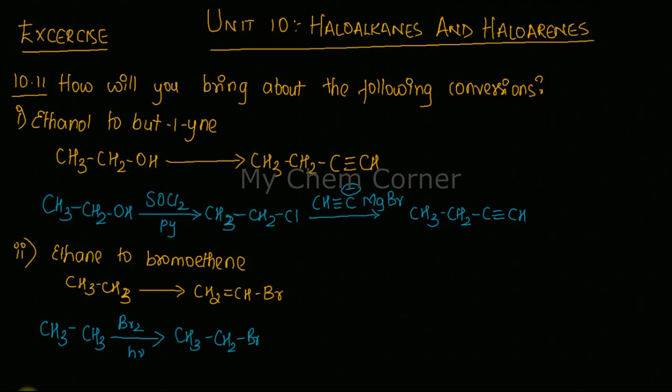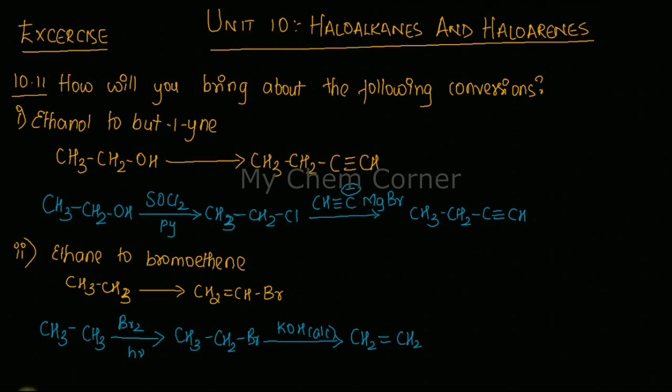Okay, I've got bromoethane. That's not enough. I need to have a double bond too. So what will I do? To this compound, I'm going to do an elimination, adding a base. So when I do that, I'll get a double bond in the center, eliminating the Br.